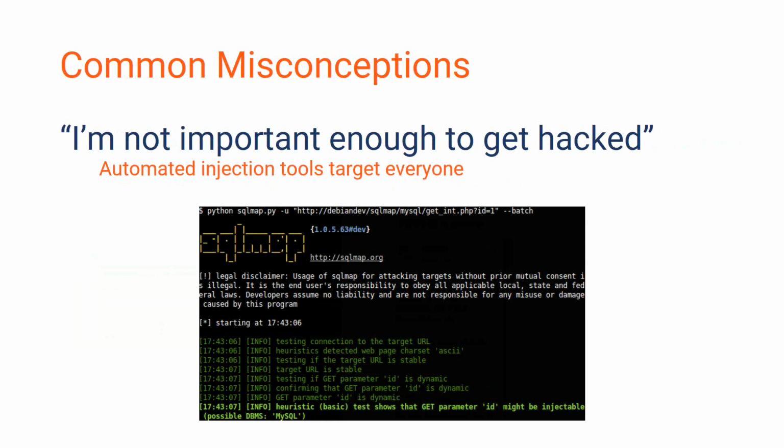There are automated tools that are indiscriminate about the size of your business that are going to try to inject and find vulnerabilities in your website to steal your data. One example is SQLMap. It's a great tool to test a website for SQL injection vulnerabilities.